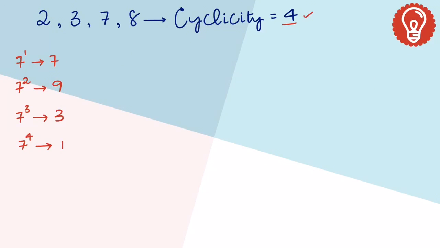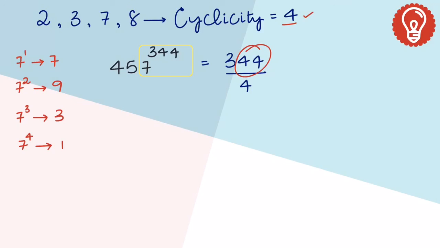Now that we practiced enough, we are ready to solve the question given on the thumbnail. So let's again stick to the basics, focus only on the units place, which is 7 power 344. Step 1 is to take the power 344 divided by 4 because the cyclicity is 4.